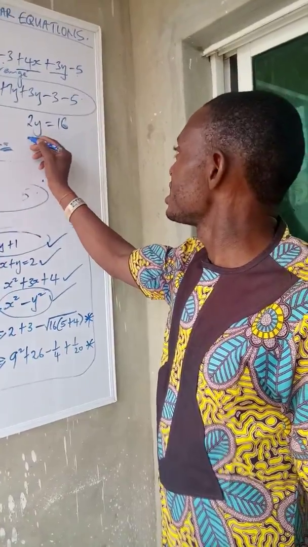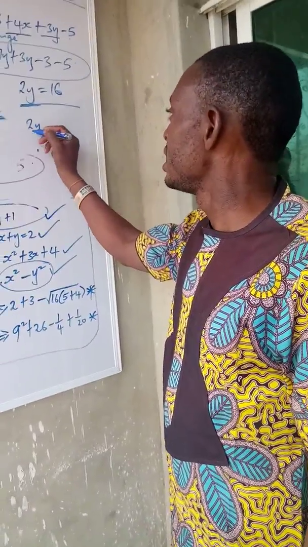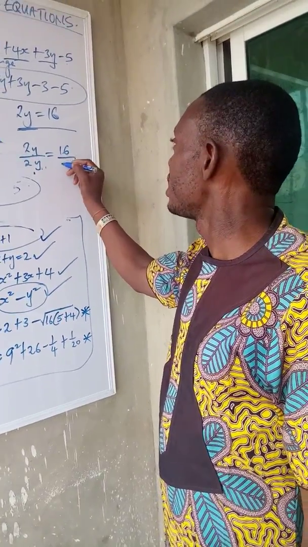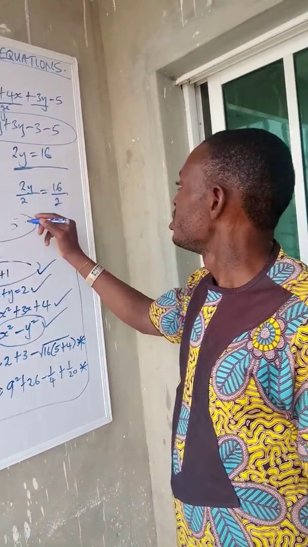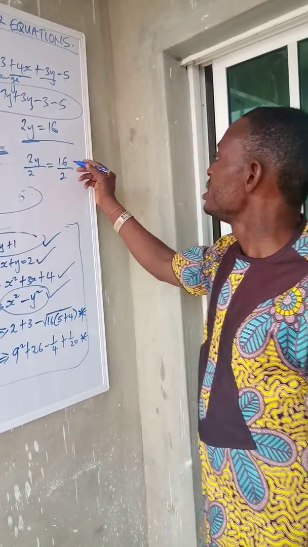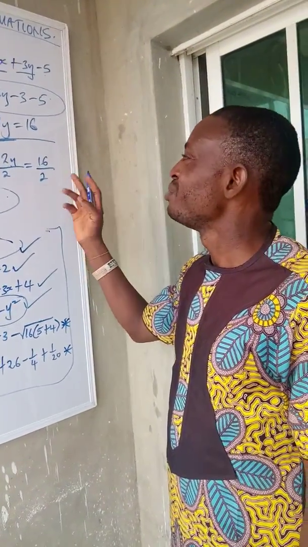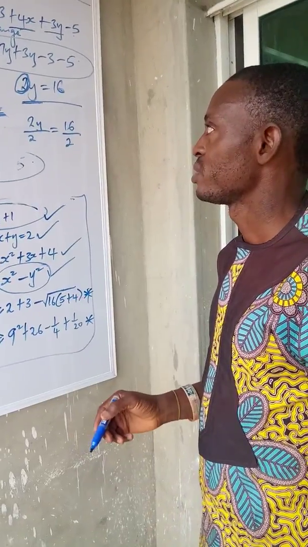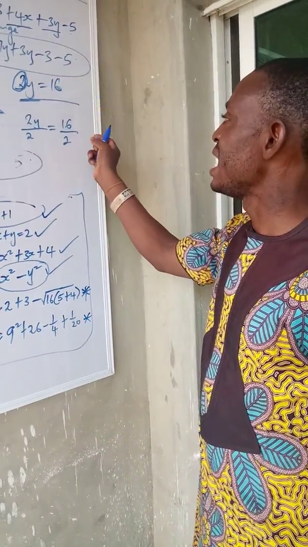So if it is this case that we're talking about, it will be 2y divided by 2 is equal to 16 all over 2, because 2 is the coefficient of y in the expression. So you divide both sides by 2.